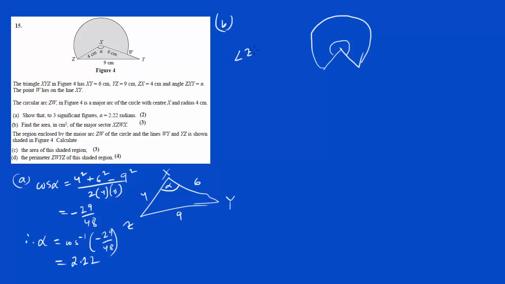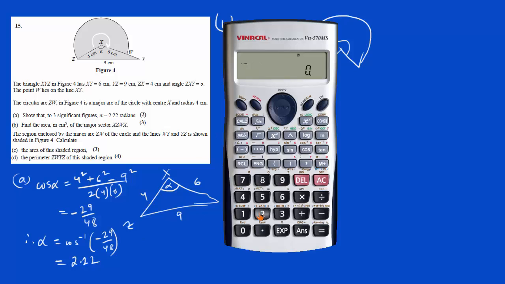Angle XZW, this side, would be equal to 2 pi, meaning 360 degrees, minus 2.22, which is 4.063.